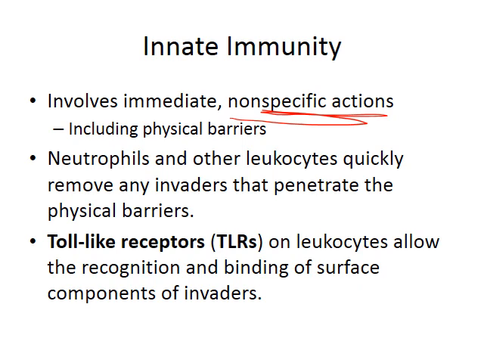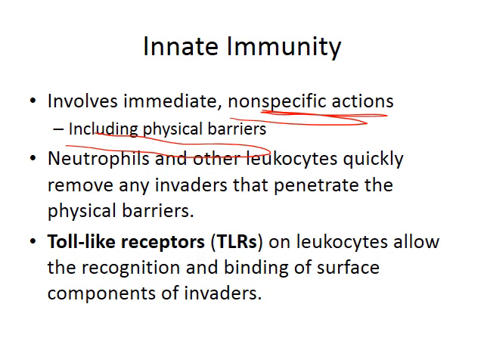Now, the innate immunity doesn't just include your leukocytes and granulocytes, but it also includes physical barriers, which will be your skin, mucosa, anything that prevents foreign bodies from entering your body.